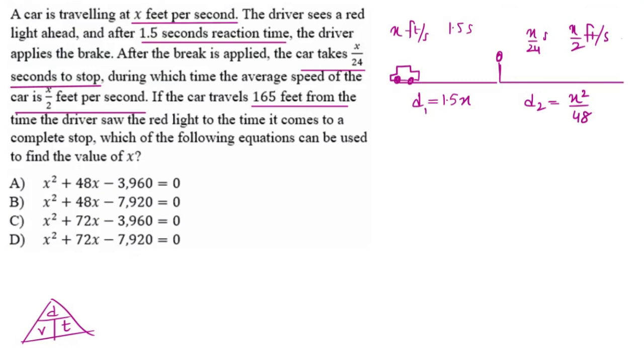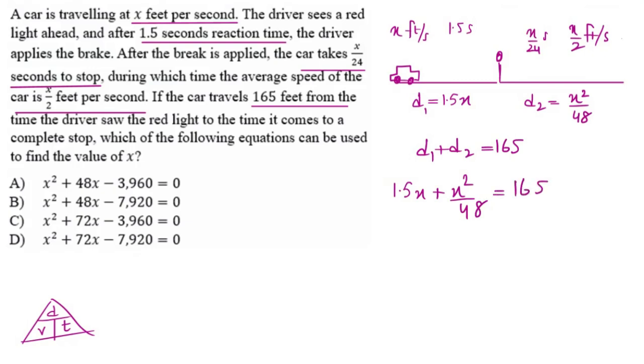Again, I multiplied the time and the speed to get the distance. I know from my statement that d1 plus d2 is going to be 165, since that is the total distance from the time the driver saw the light, through the reaction time, to the stop. So this is going to be 1.5x plus x squared over 48 equals 165.